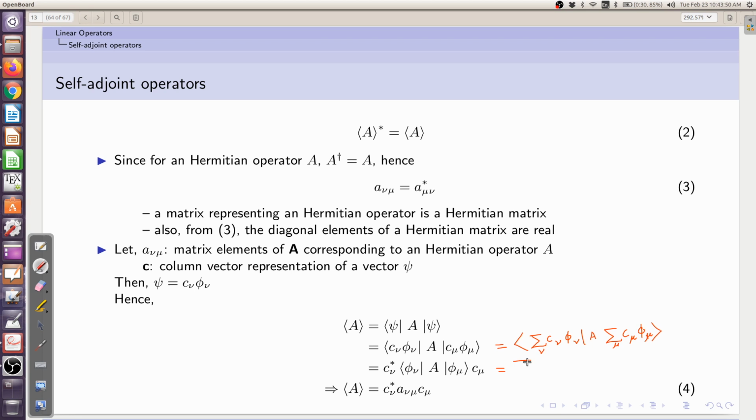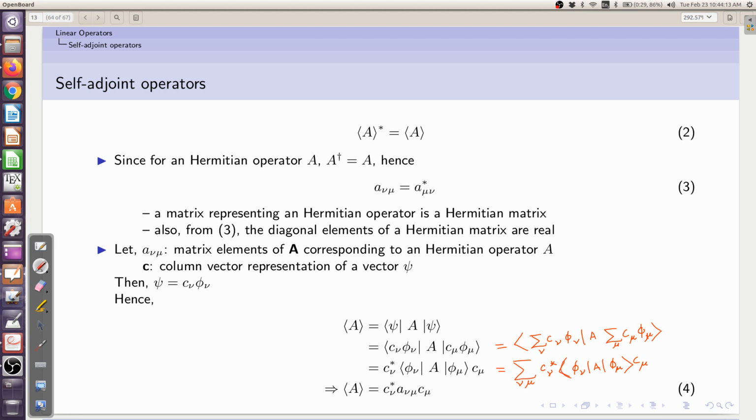I have not written this explicitly, but this is what happens. So we have a double sum. Instead of writing two sum signs, I just write nu mu; it is understood that this is actually two sums. Then we have C nu star, phi nu A phi mu, and C mu.